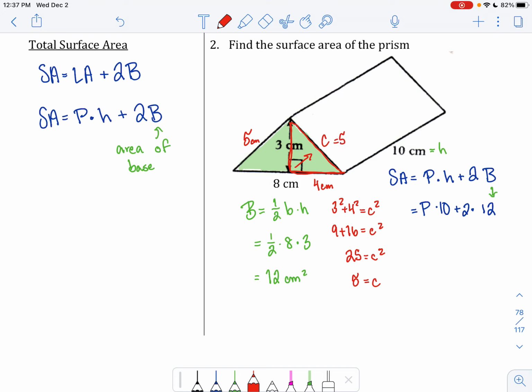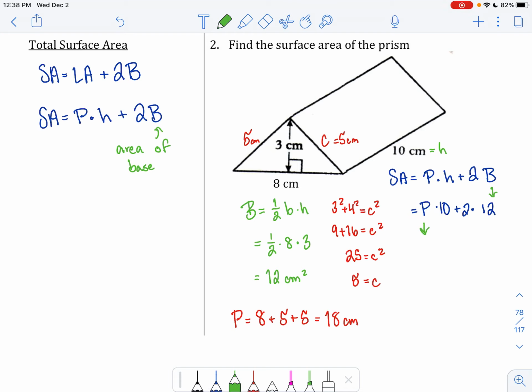So 5 centimeters here, 5 centimeters, and then the perimeter of the base is 8 on the bottom here, plus 5 plus 5, meaning that the perimeter of our base is 18 centimeters.